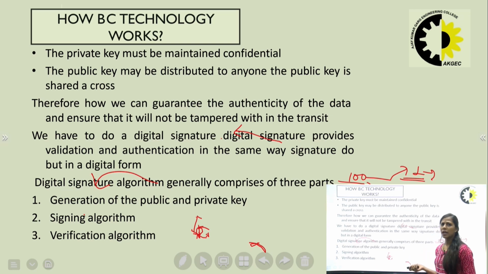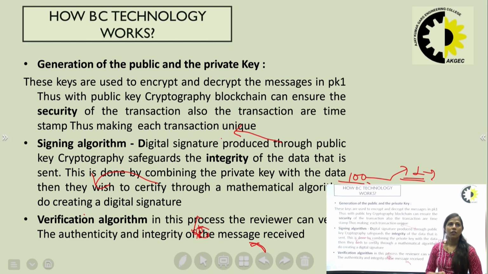It generally comprises three parts: generation of the public and private key, a signing algorithm, and a verification algorithm. How can we generate the public and private key? We can use the RSA algorithm to generate them, and then use them for the transaction.